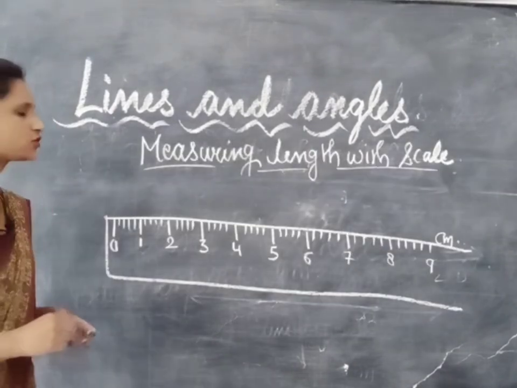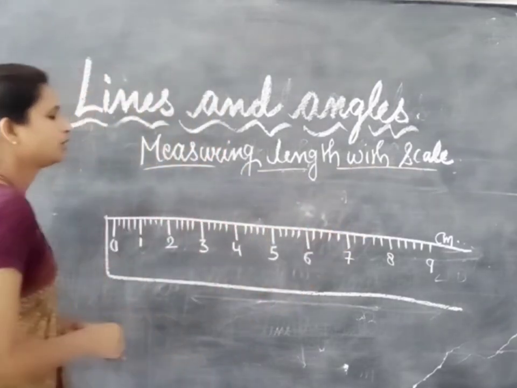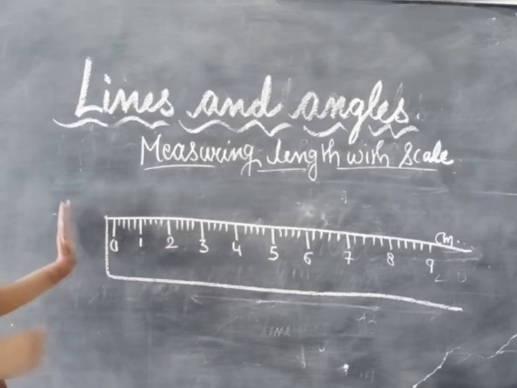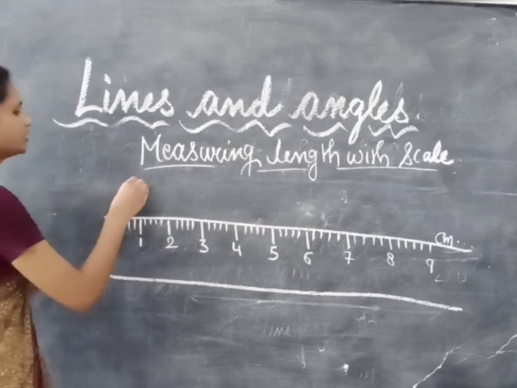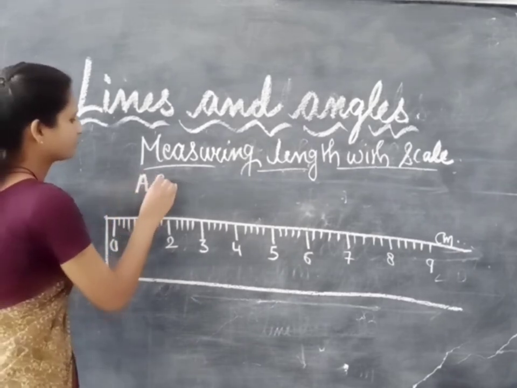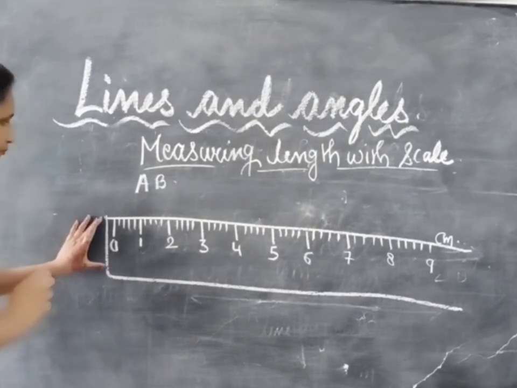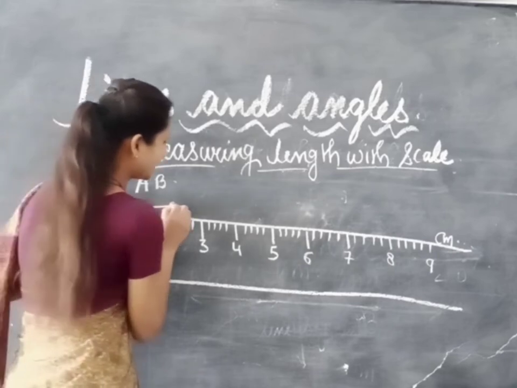Now, our next topic is measuring length with a scale. So, suppose it is your scale. Now, you have been asked a question to measure the length of line AB. So, what you have to do is take your scale and place your scale on line AB.